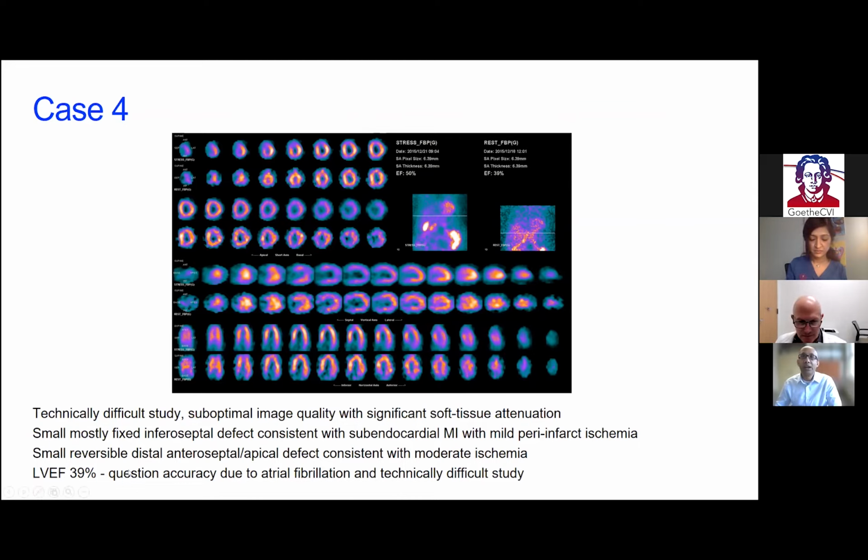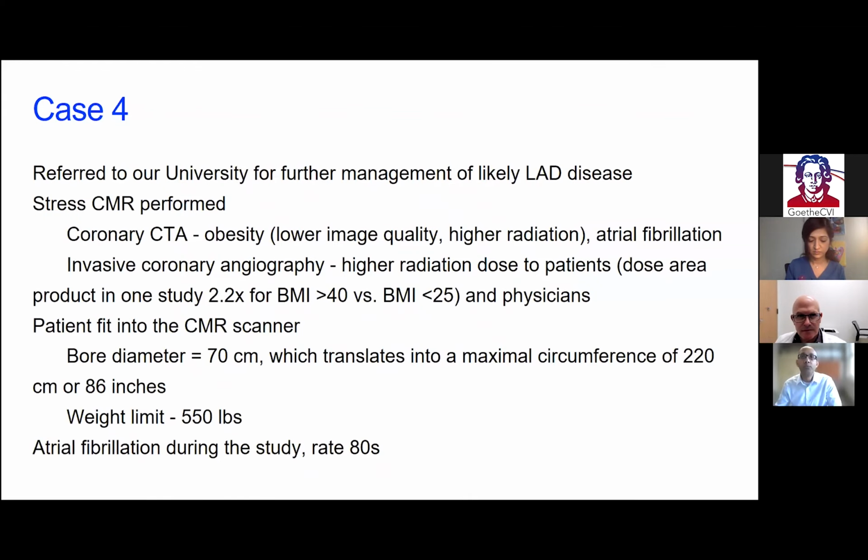His EF was read as 39%. However, the accuracy was questioned because he was in atrial fibrillation and the quality of the study was technically difficult. So at this point, he was sent to our university hospital for further management of likely LAD disease.